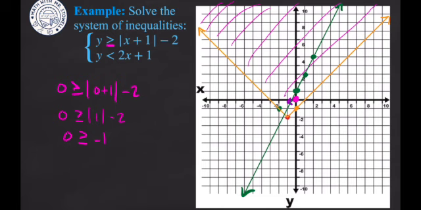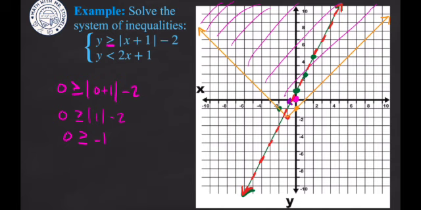The issue is, is it solid or will it be dashed? Well, because it doesn't have the equal to underneath, it's going to end up being dashed. So let's go ahead and just change that to be a dashed line. I'm going to leave the green line there so I can just follow along with it. So this is going to be our other line. And last thing that we need to do is figure out which side to shade.